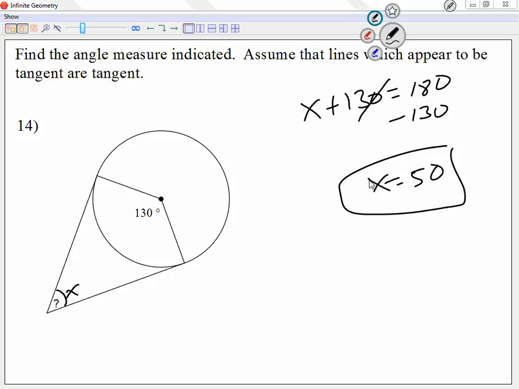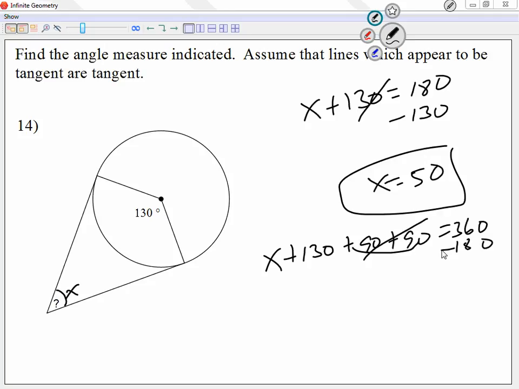AC, I think what you're looking at is, if you look at this kite, x plus 130 plus 90 plus 90, and I'm adding the four angles, and it is equal to 360, right? The four angles. 90 and 90 is 180, right? So let me take that away. Let me subtract 180 from each side. Okay. So I have that x plus 130 is equal to 180.